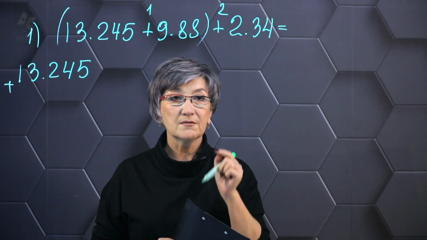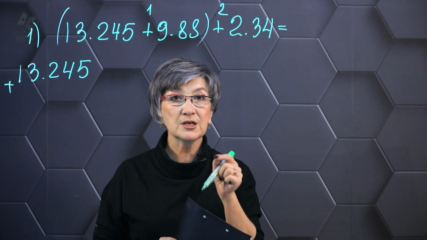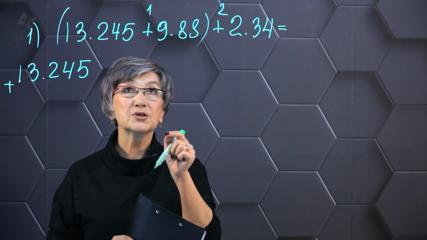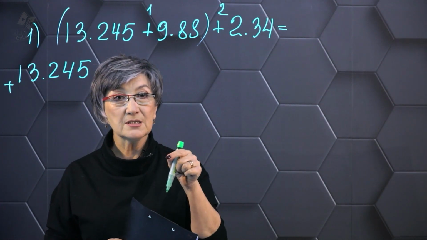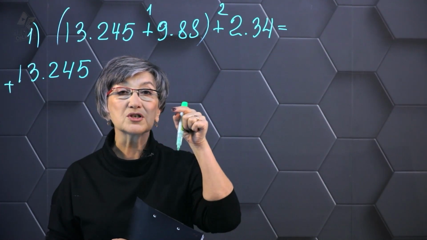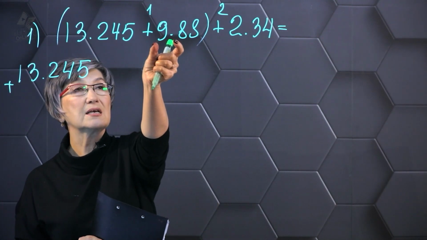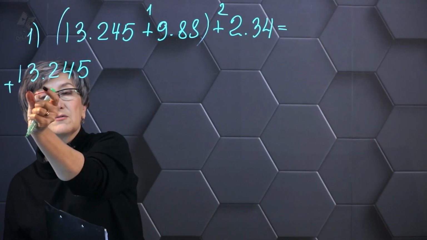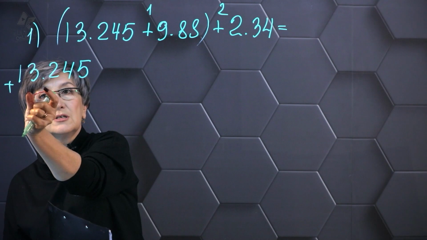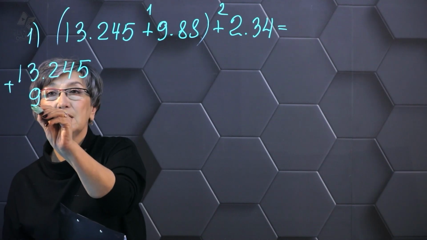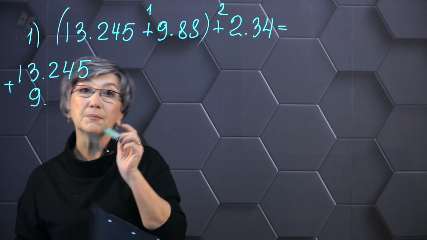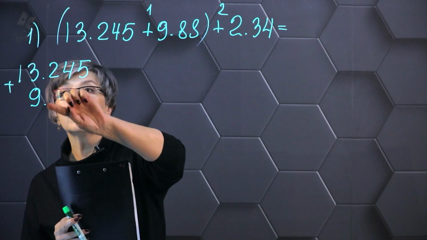Let's remember the rules for adding decimal fractional numbers. The whole part is under the whole part, the dot under the dot. So 9 whole. I write down, where do I have the whole part? 13, so 9, I write down under the number 3, 9 whole.